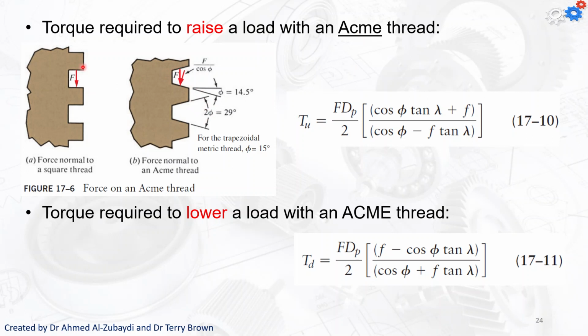For a square thread, the normal force to the thread is the actual load, whereas in a trapezoidal or Acme thread, the force normal to that surface is at a different angle to the actual load force. So we just need to modify the equation for that, and this is what we come up with. These are from the Mott design textbook.